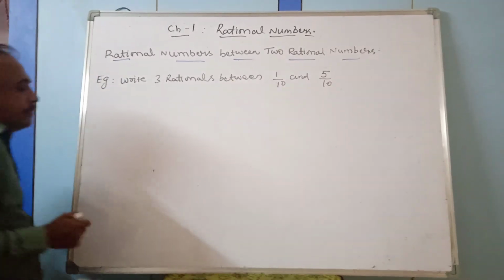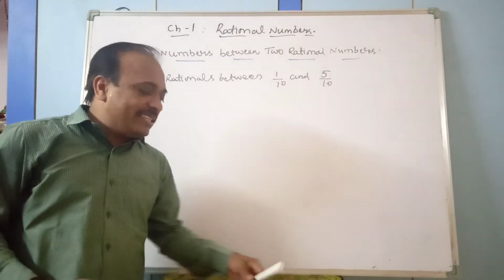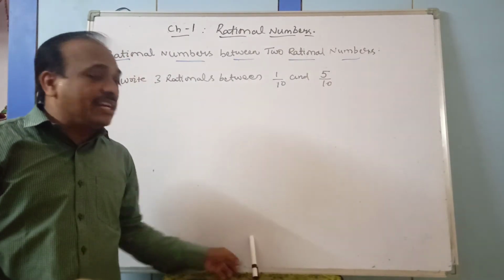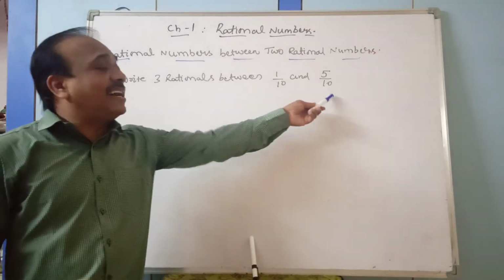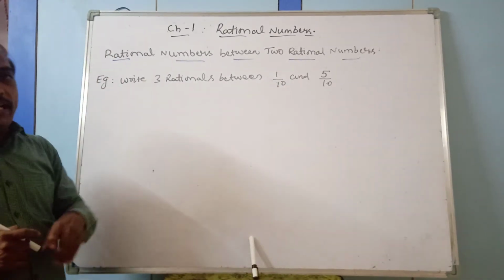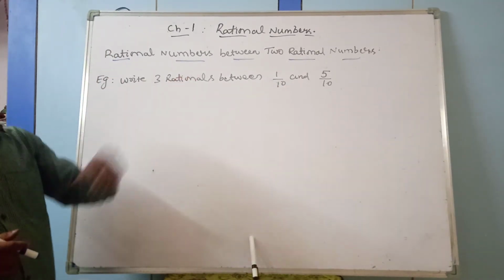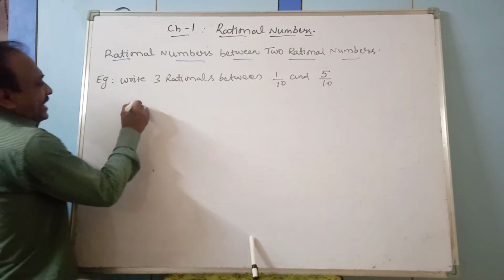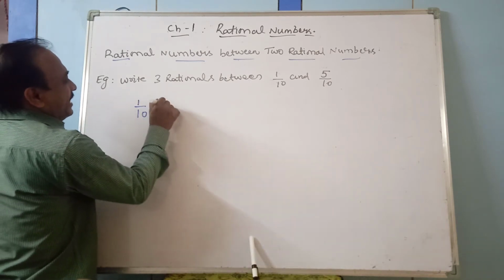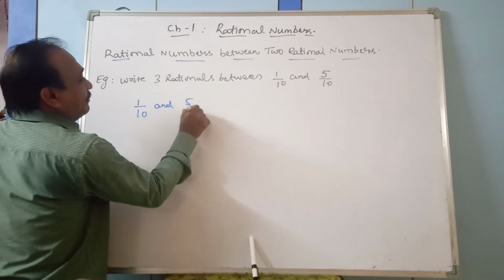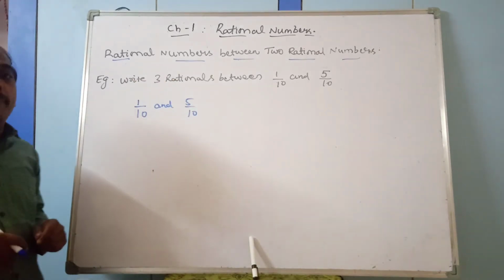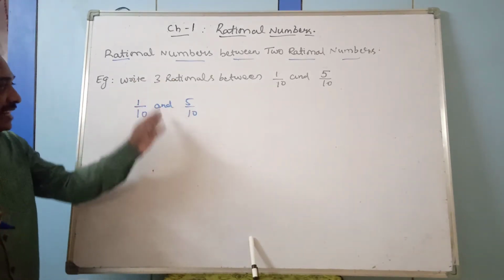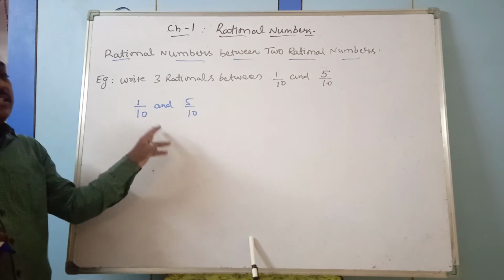Observe it. Between 1 by 10 and 5 by 10, they are rational numbers whose denominators are the same. So easily you can write: after 1 by 10, what rationals will come? 2 by 10, 3 by 10, because the denominators are same.